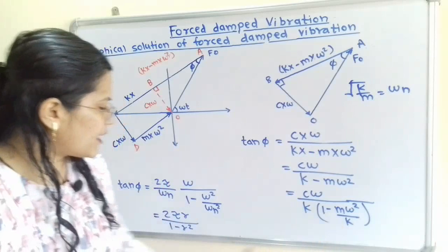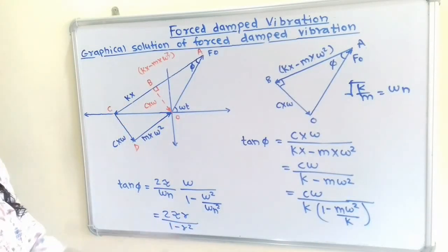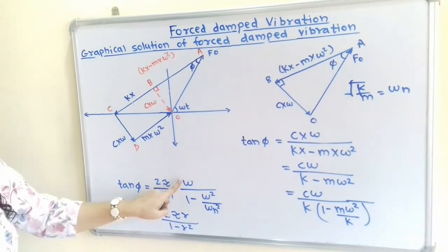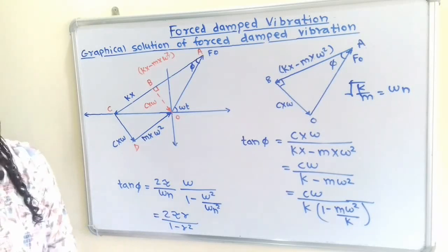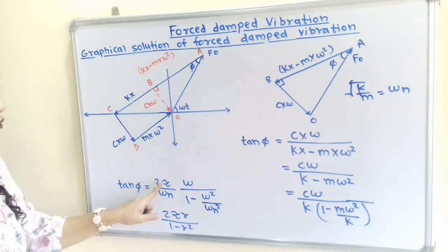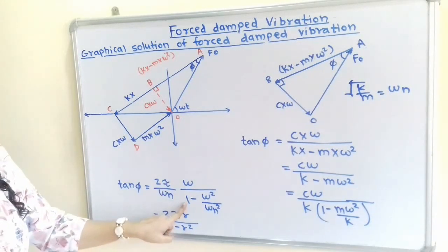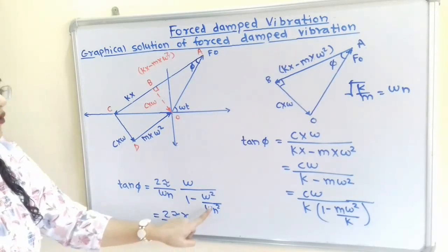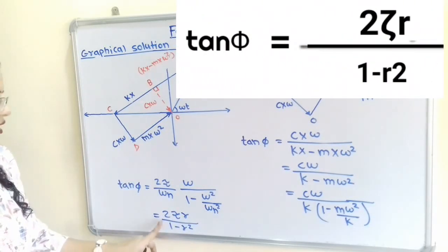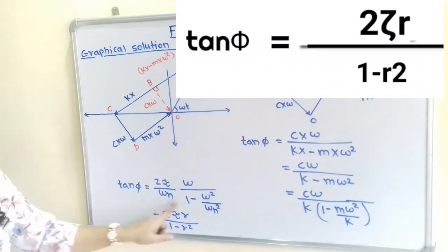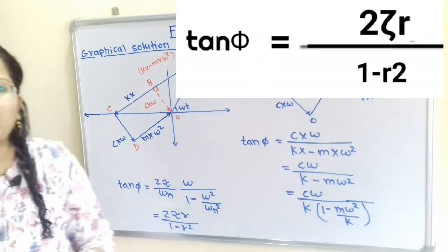So instead of K by m we will put omega n square. For omega by omega n we will put r, the frequency ratio. So tan phi is 2 zeta r divided by 1 minus, now omega square by omega n square, that is r square, so 1 minus r square. So this is the formula to find out the value of phi.